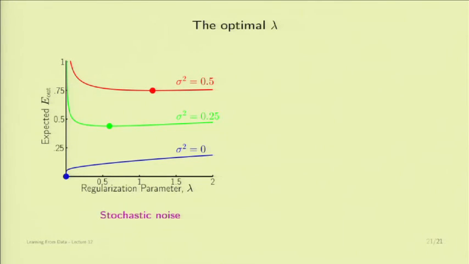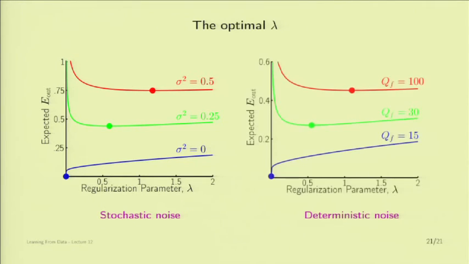Out of curiosity, what would the situation be if we were talking about deterministic noise? And when you plot deterministic noise, well, you could have fooled me. Now, I'm not increasing the sigma squared. I'm increasing the complexity of the target, and therefore I'm increasing the deterministic noise. It's exactly the same behavior. Again, if I have none, I don't need any regularization.